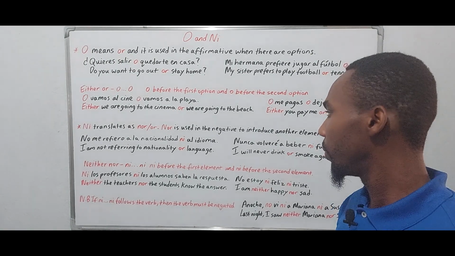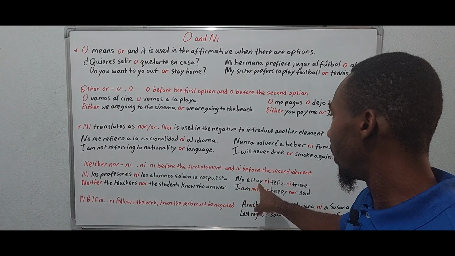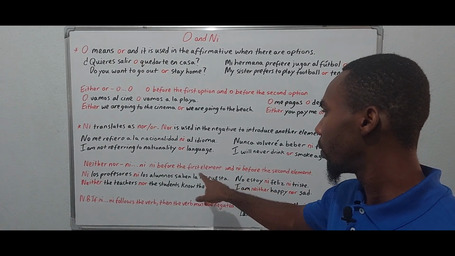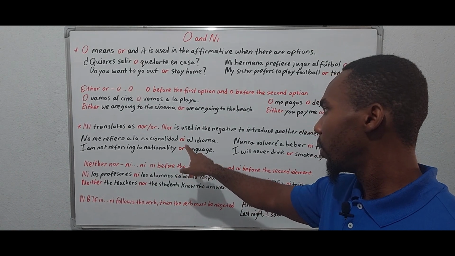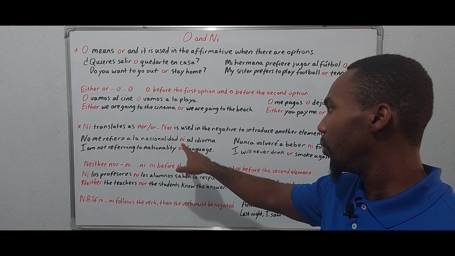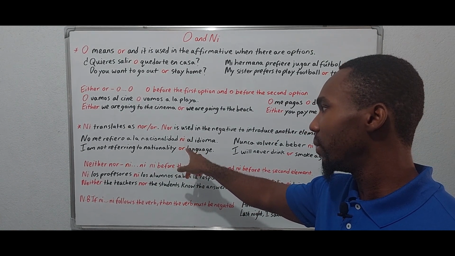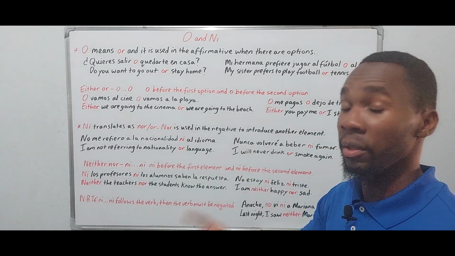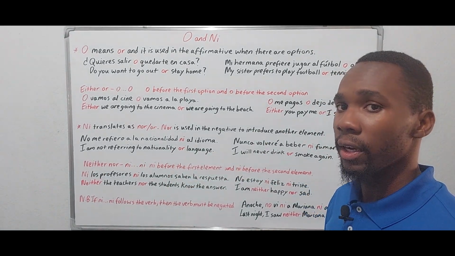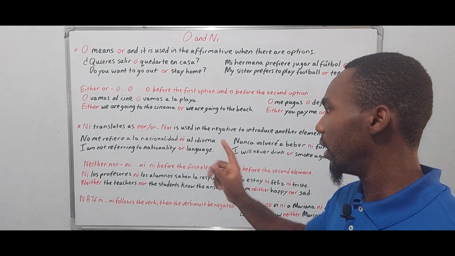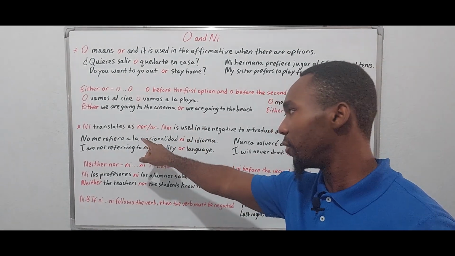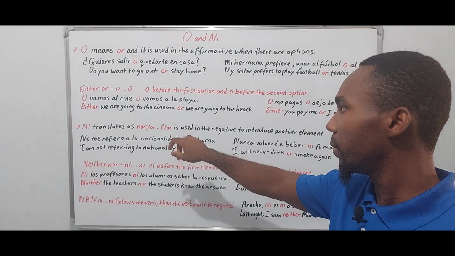Another point to note, you would realize that here I would have used ni before the last option, right? But I did not use ni here before the first option, right?